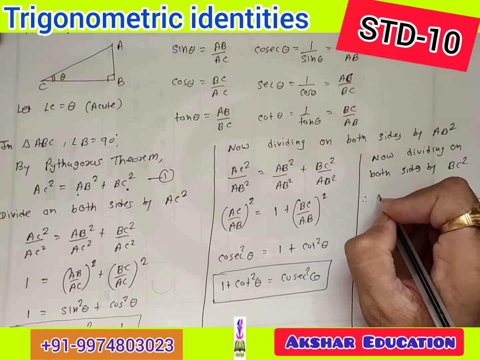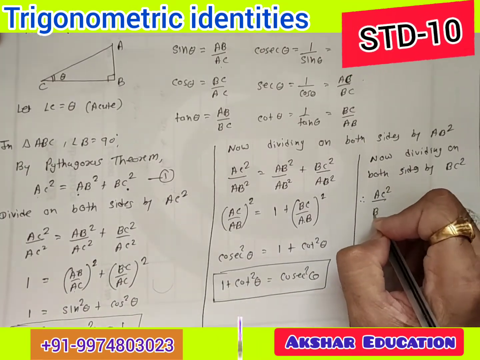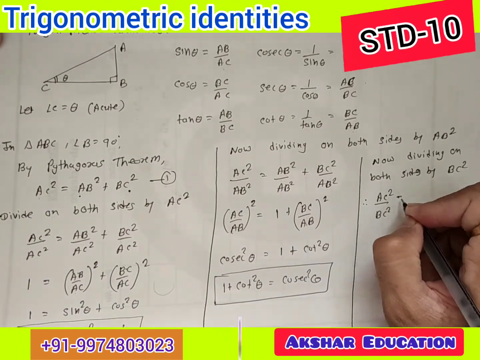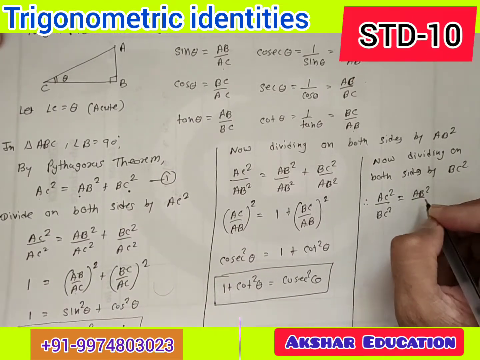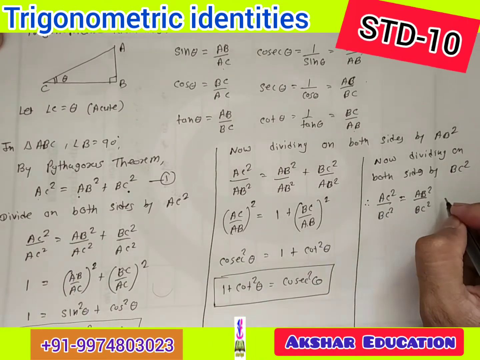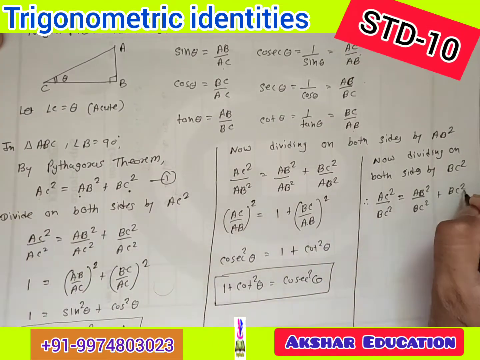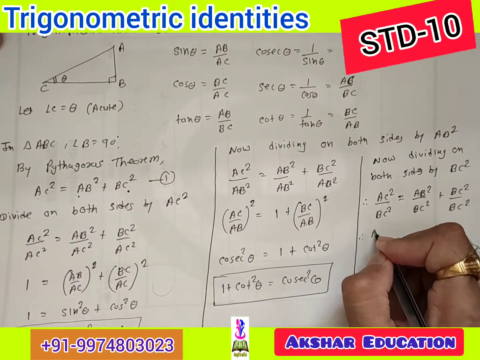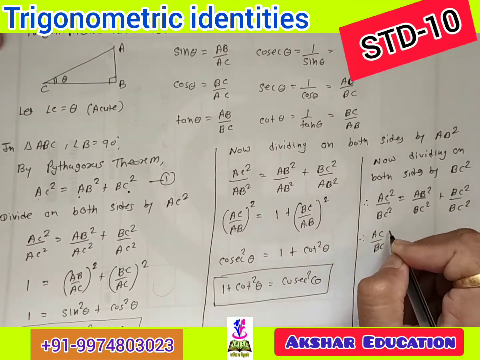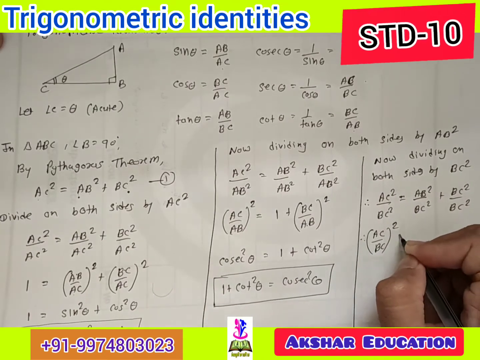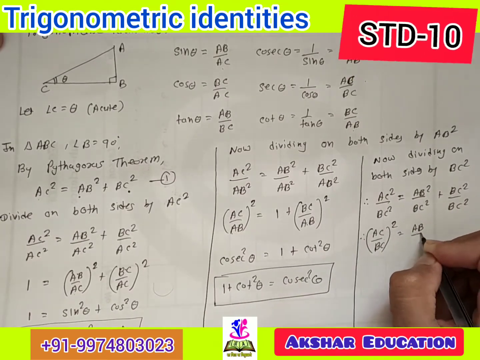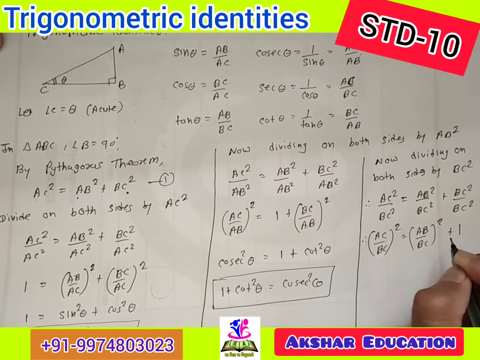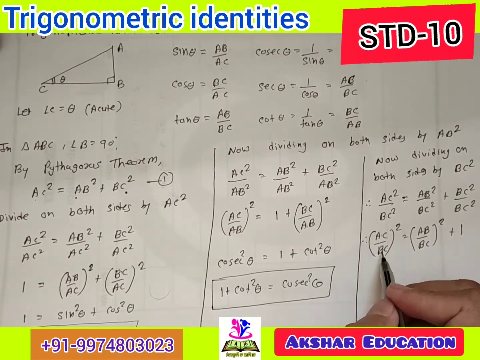So we are getting AC square by BC square equal to AB square by BC square plus BC square by BC square. Same procedure. This is AC by BC whole square. This is equal to AB by BC whole square plus 1. Now what is AC by BC?